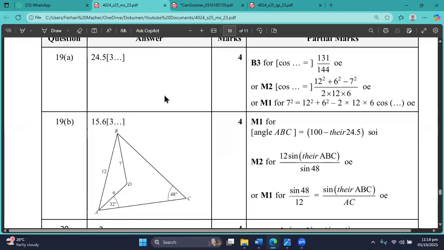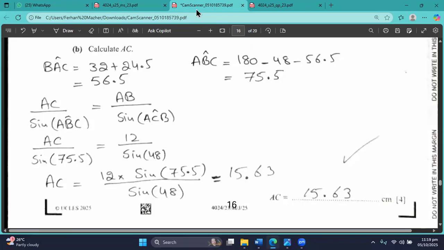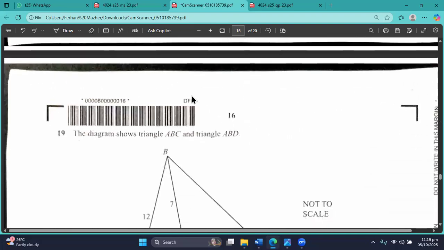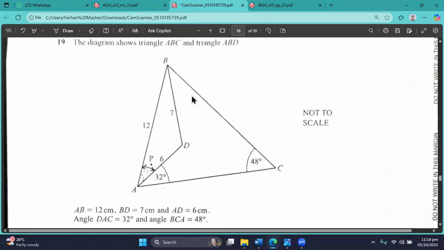On your screen, the marking scheme is showing up. This is how we have done this, and this is how it is done. And this is the diagram, sir. You see, once I know this whole angle, then I know this whole angle, and then I know this angle.